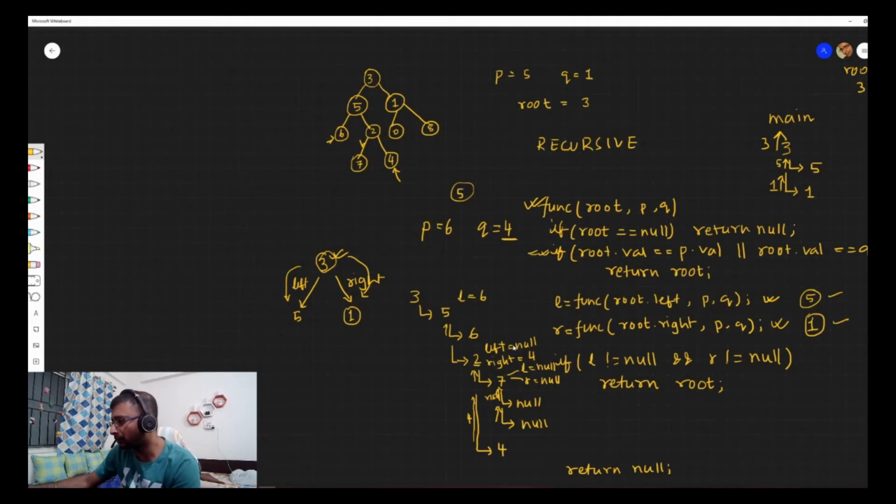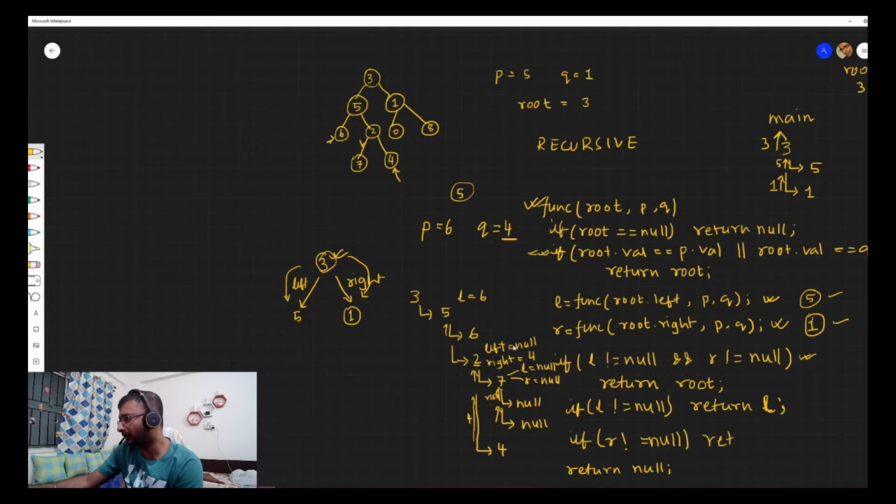So we will introduce a condition over here: if left not equals to null. Here basically we have checked if both are not nulls, but if left is not null, I can return my left only, return L. Similarly, if my right is not null, I will return my right.